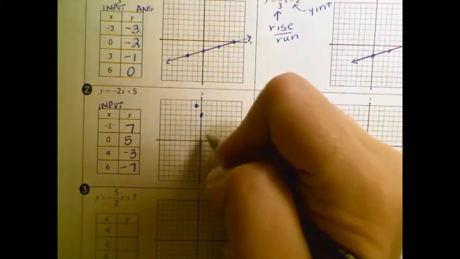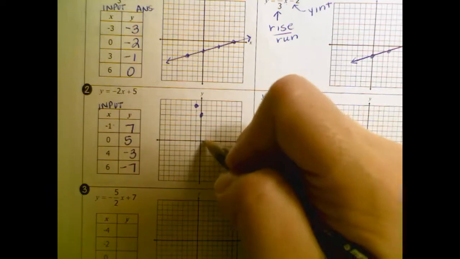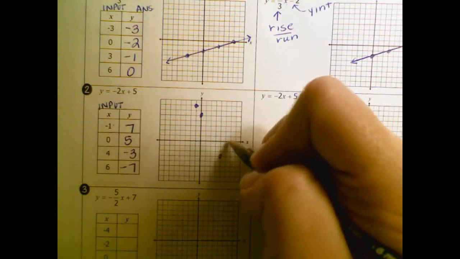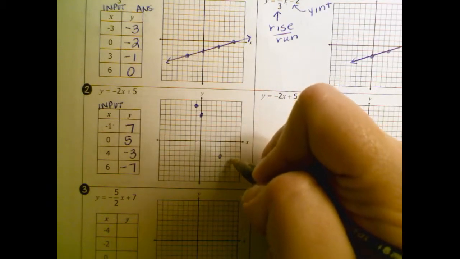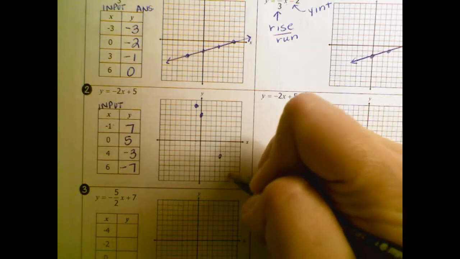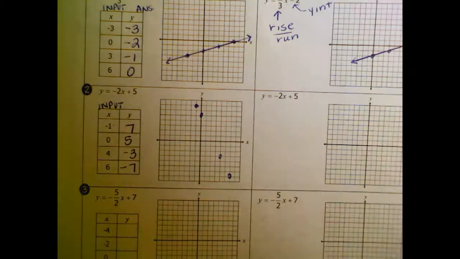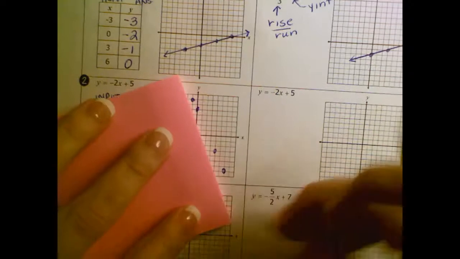Zero, 5, 4, -3, 6, -7, and then connect those.